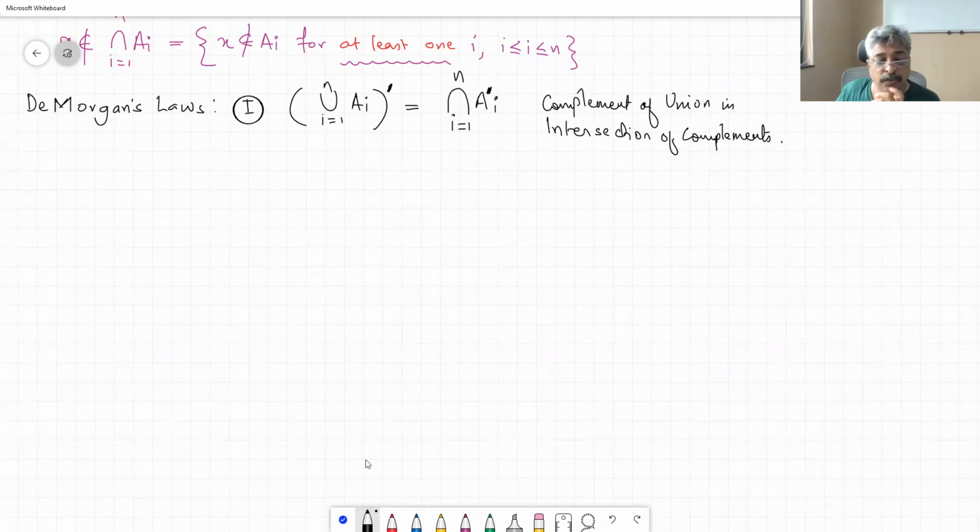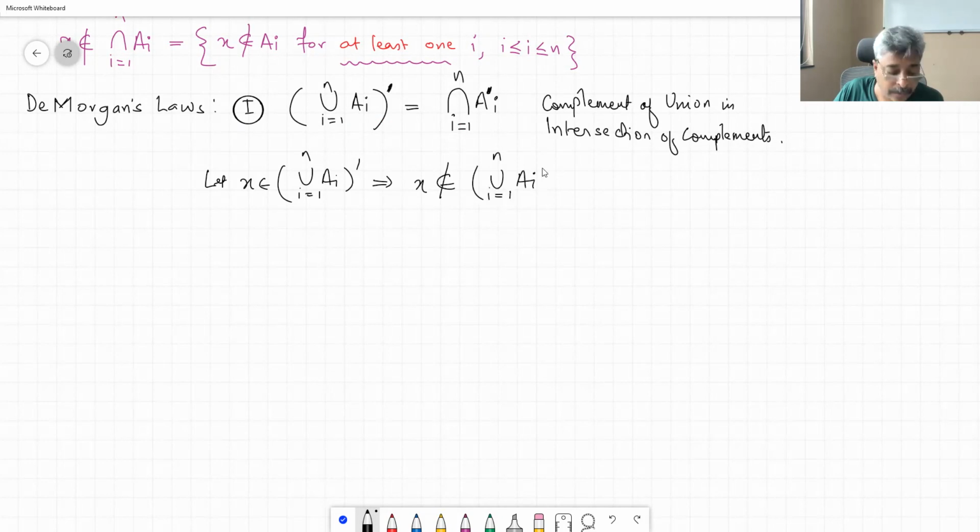Let x belong to the complement of the union, which implies x does not belong to union i goes from 1 to n Ai. What does this mean?